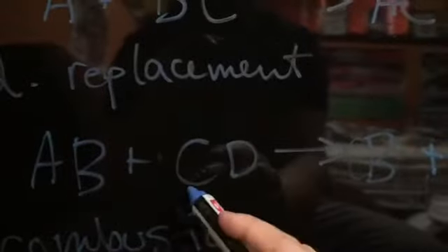CB, there we go, plus AD. So what happened was the A and the C switched partners, basically. That's what that looks like.